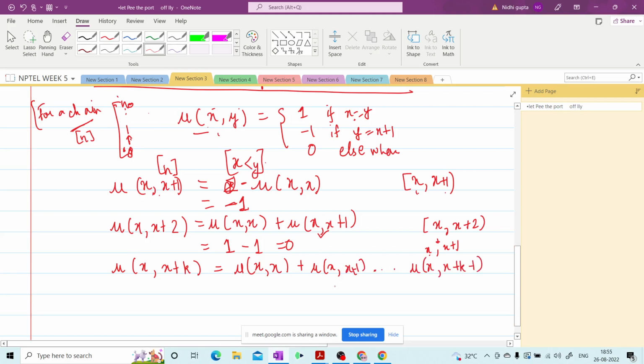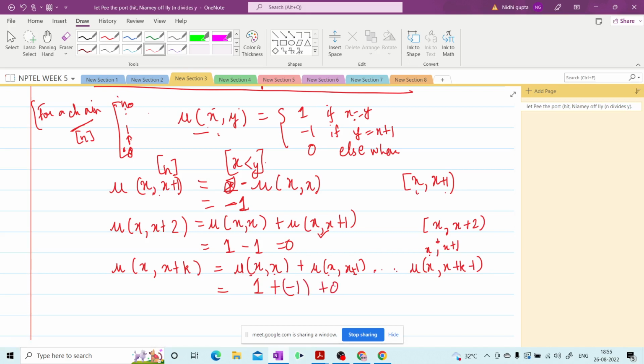By induction, mu x is 1 and mu x plus 1 was minus 1. Mu x plus 2 is 0. So for k equal to 3 also, this comes out to be 0.